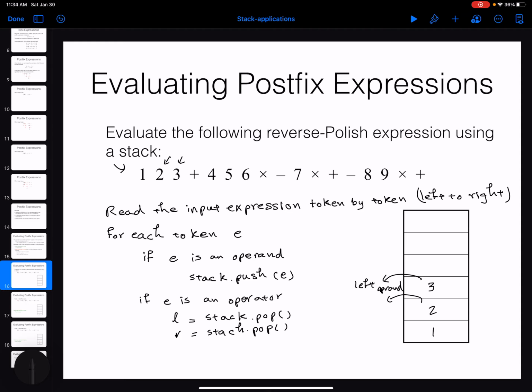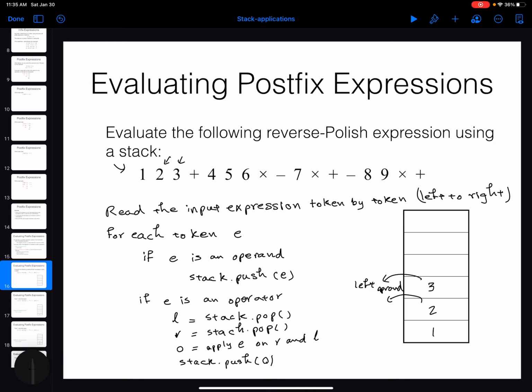The result is going to be, let's just call it O: apply E on R and L. Then push the result, stack dot push. Okay, so this is the whole algorithm.